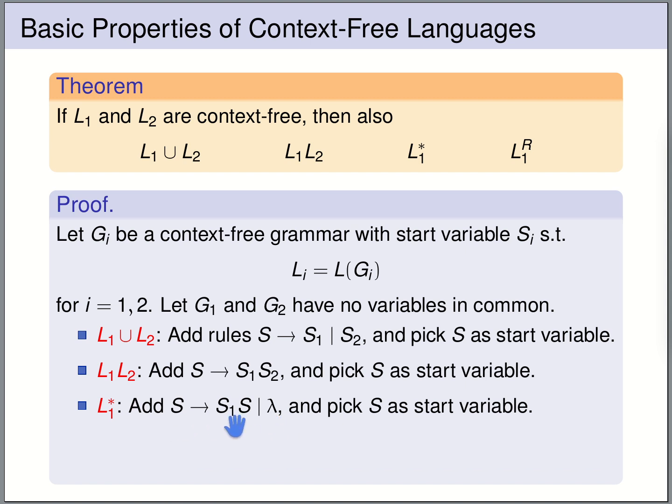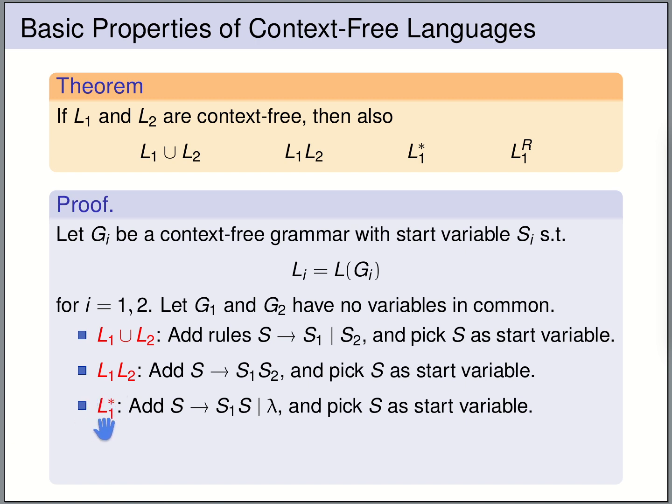So S can generate the empty word, or it generates S1 followed by S, so it can generate an arbitrary word of the form S1 S1 S1 S1. So it can generate an arbitrary number of S1s, and from each occurrence of S1 we can generate a word from L1, and that's exactly what we want.